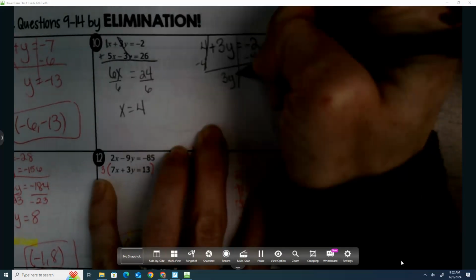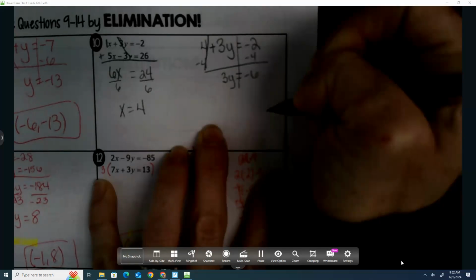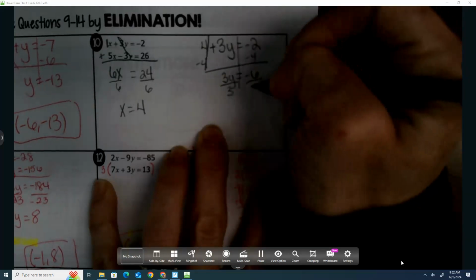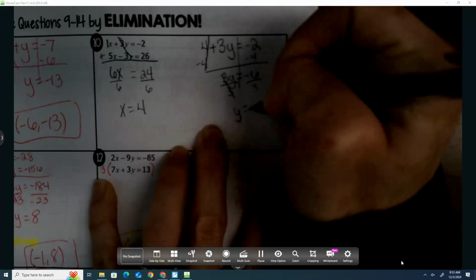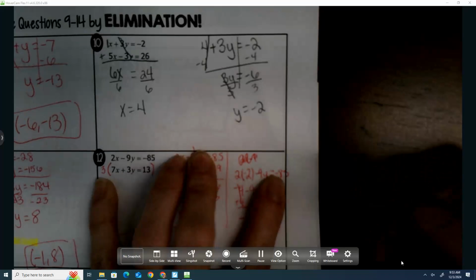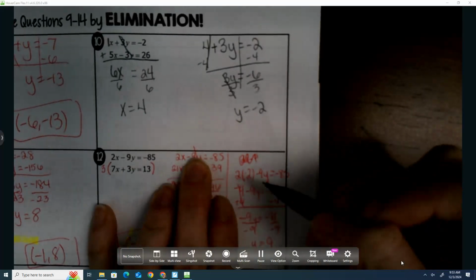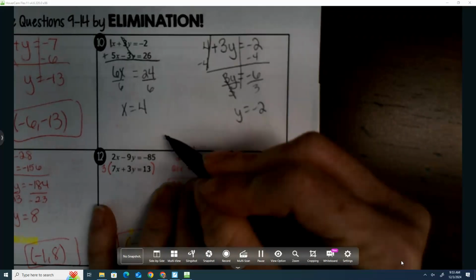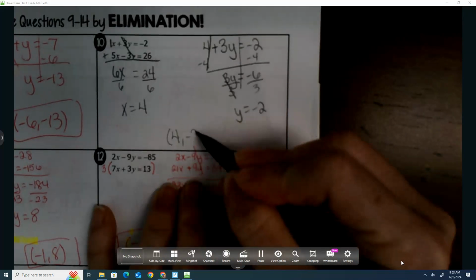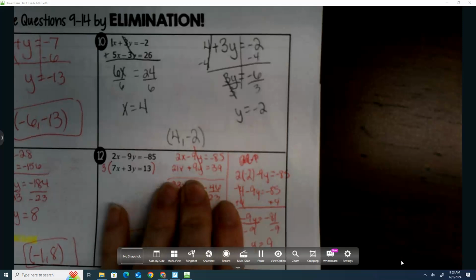So 3y equals negative 6. Divide by 3, and y is negative 2. And then how do we write our answers? 4, comma, negative 2.